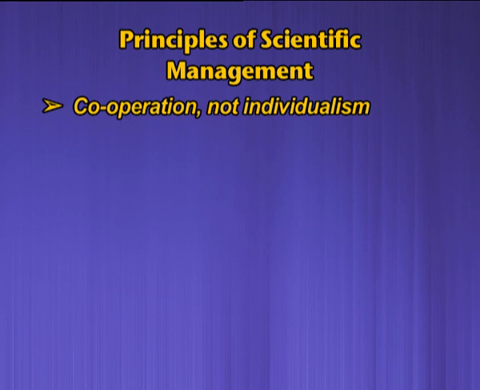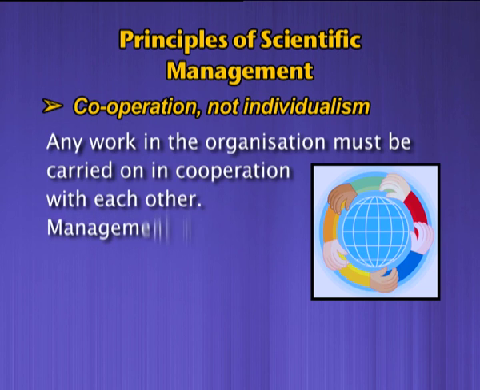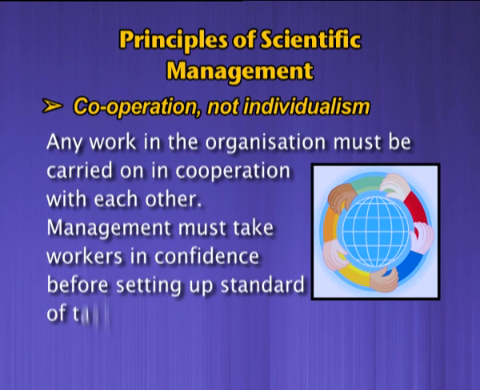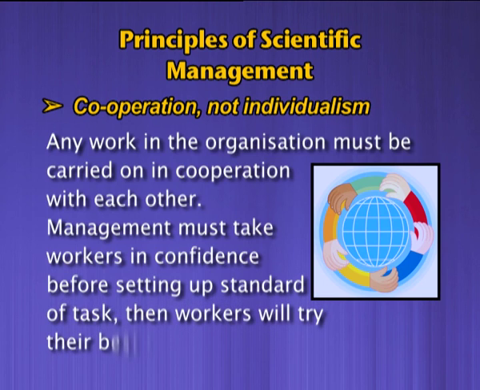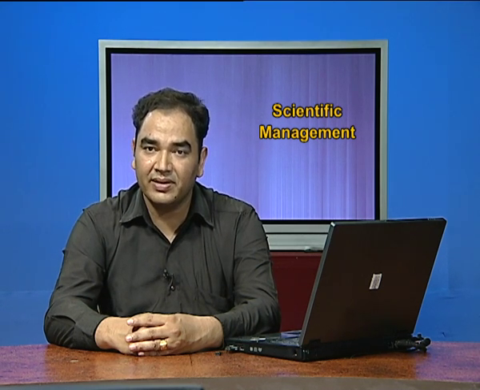Here, we have to understand that any work in the organization must be carried on in cooperation with each other. Management must tell workers in confidence before setting up standards of task, then workers will try their best to achieve it. So here the main emphasis will be only and only on good relationship between the employer and the employee.